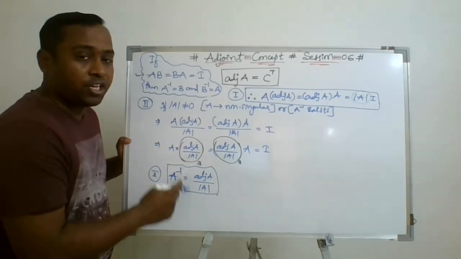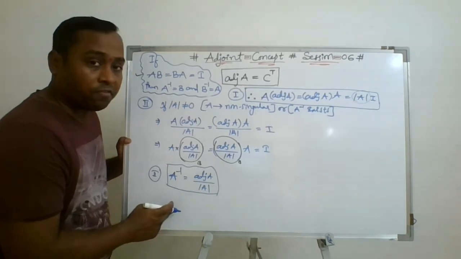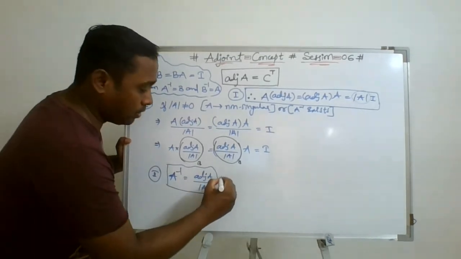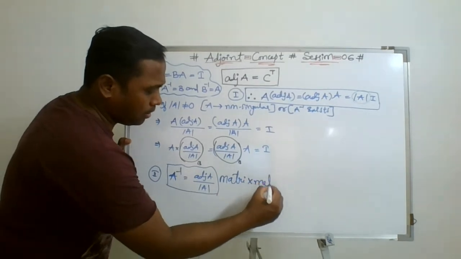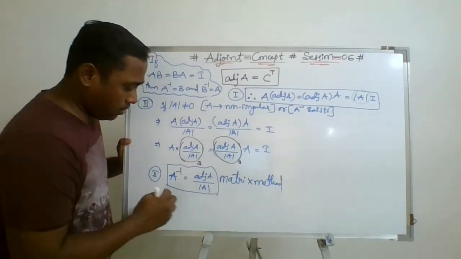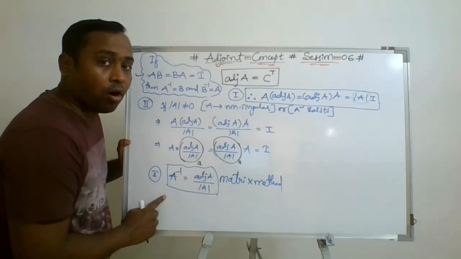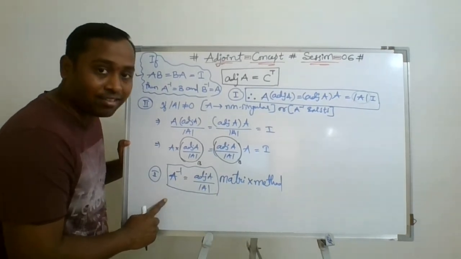The method of finding A inverse by using this formula is known as the matrix method.